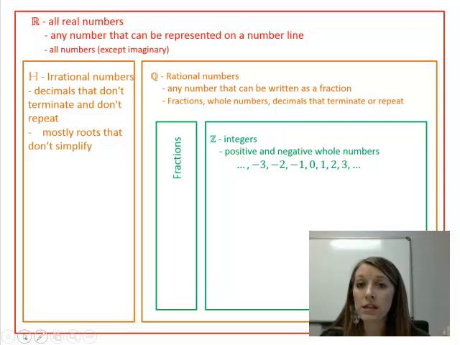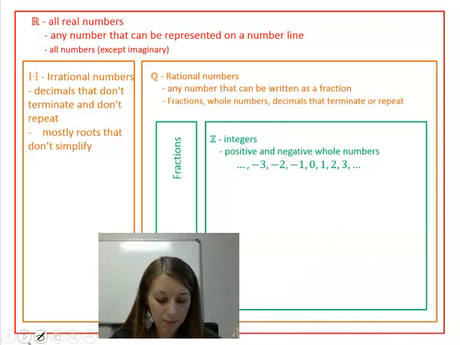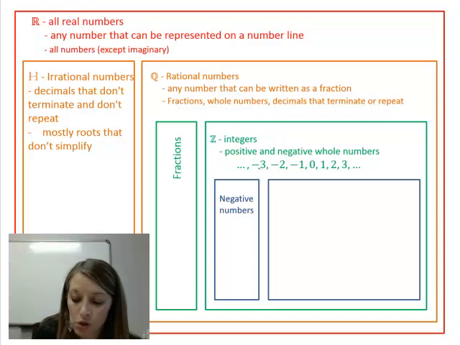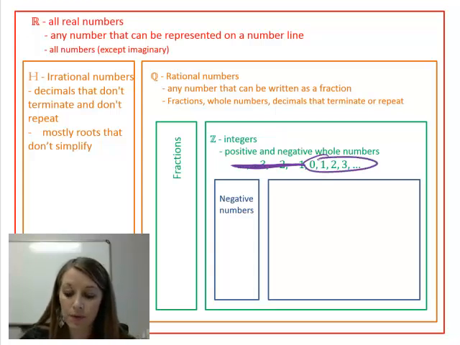So we need to break this box down yet again. We're going to take off the negative part of these numbers. So let me scratch out the negative part of these numbers. And that leaves us with this list over here.